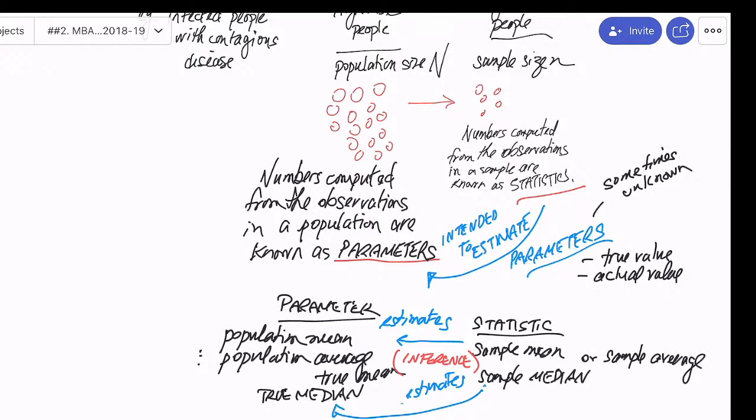So when you mention a statistic, you need to mention what it intends to estimate. Well, obviously, if you say the word sample, then it's covered. Okay, so sample mean, sample median, etc.